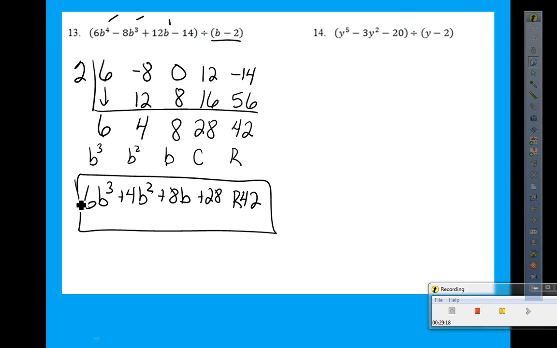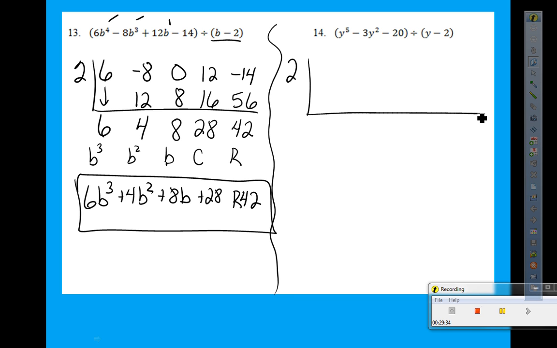If you think you have it down, feel free to stop the video and get rolling on your assignment. But number 14 is tricky because of the zeros. There's quite a few of them. There's a 2 that goes out there. When you look at your coefficients, I started with a 5th degree. So there's a 1 for the 5th. But notice that there's no 4th, so I need a 0.